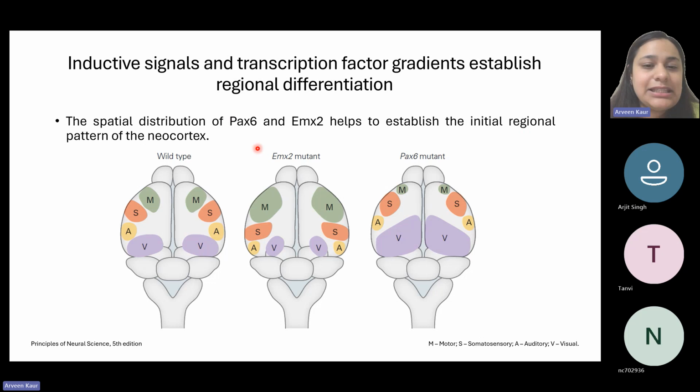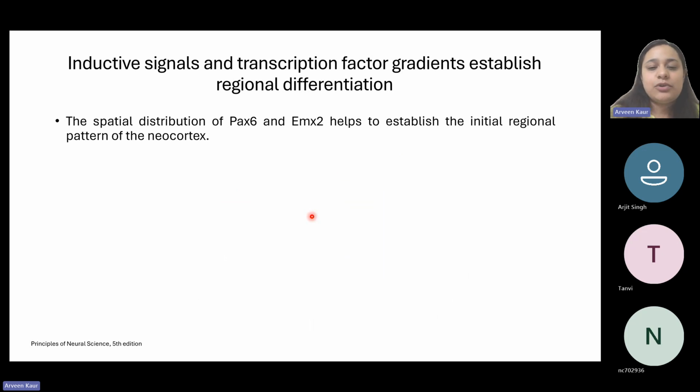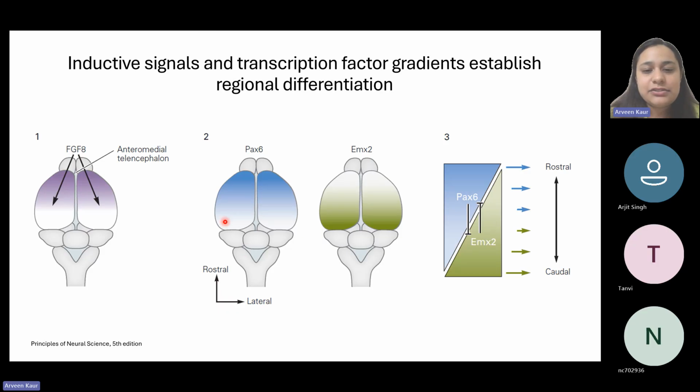But what happens in the EMX2 mutant? EMX2 is a transcription factor that is active in this lower region, right? If there is an EMX2 mutant, meaning this transcription factor is no longer active over here, what happens? You see that there is a shrinkage of this visual cortex and auditory cortex area. Along with shrinkage, you see that they are pushed further down, right? Why is that? Because now the PAX6 signaling that was more active over here, even if this gradient was a little over here, you can see the gradient is very shallow over here, right?